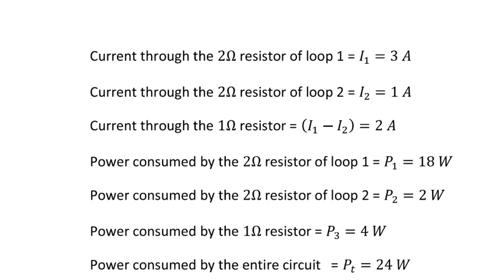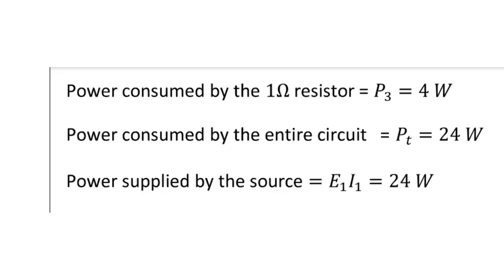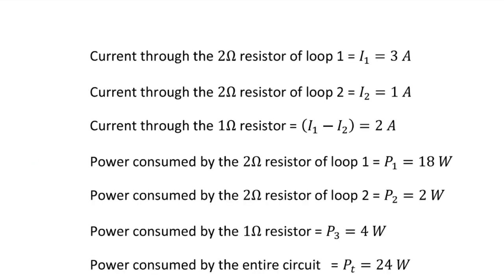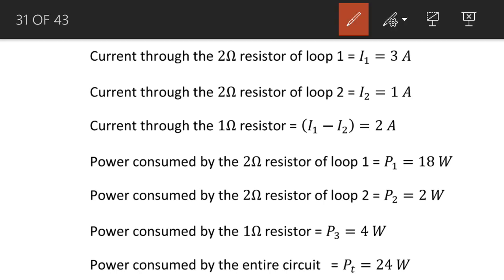Now let us compute the power supplied by the source. The power supplied by the source will be equal to voltage across the source, that is E1, multiplied by the current in the source, that is I1. If you look at the values, the current in the source is 3 ampere and the voltage across the source is 8 volt.